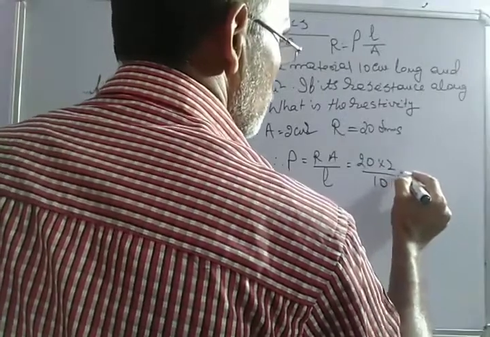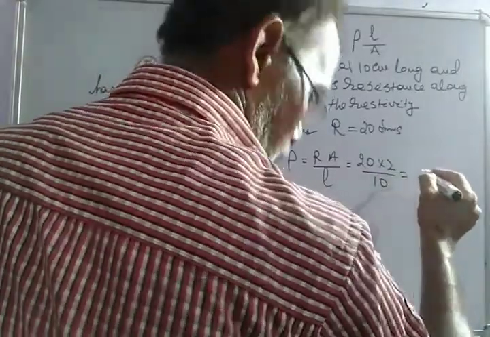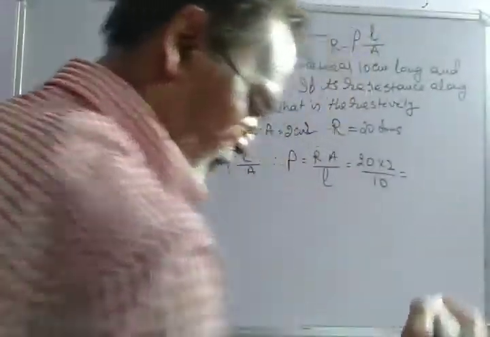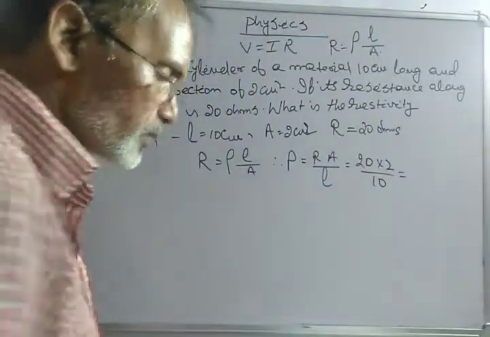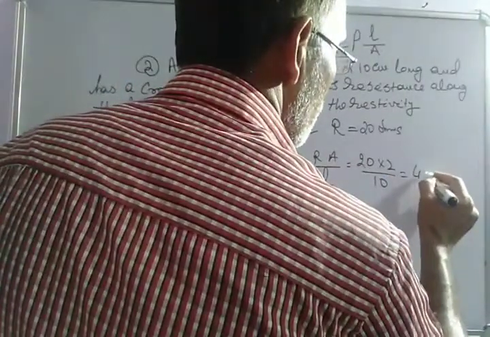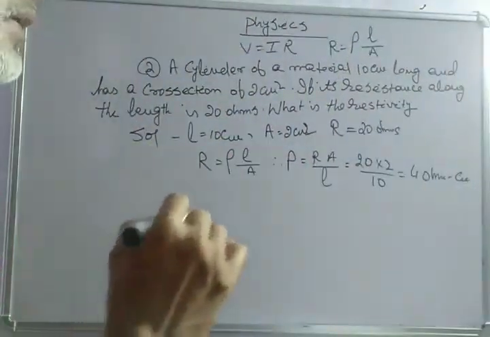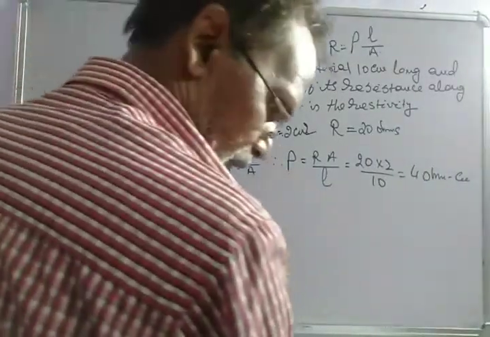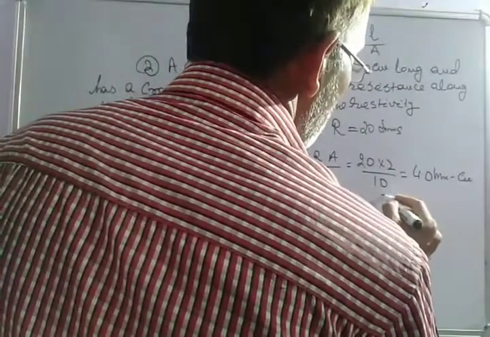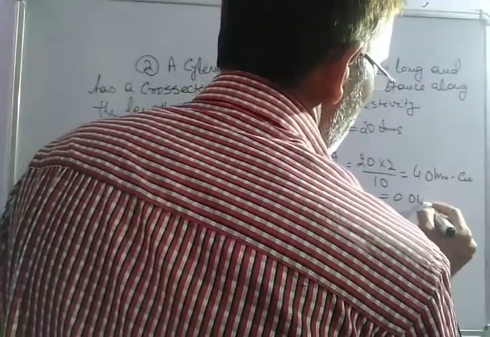So this is equal to 4 ohm centimeter, and that is equal to 0.04 ohm meter.